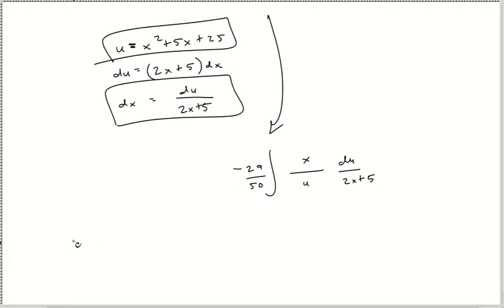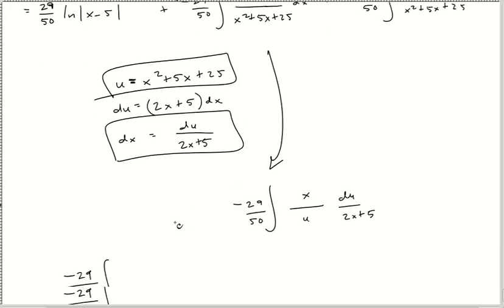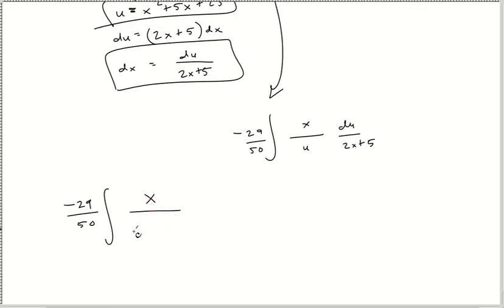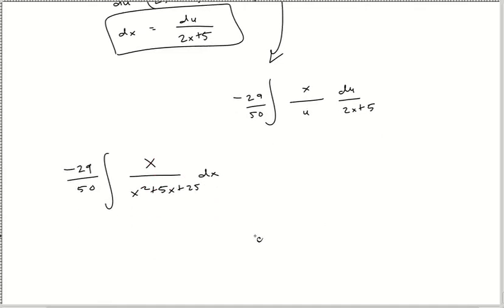This is silly that I'm having to do this off to the side, but just look at this guy here. I want to get this to cancel somehow. This is not good enough. I want to somehow put a 2 there. So I'm just going to put a 2 there.